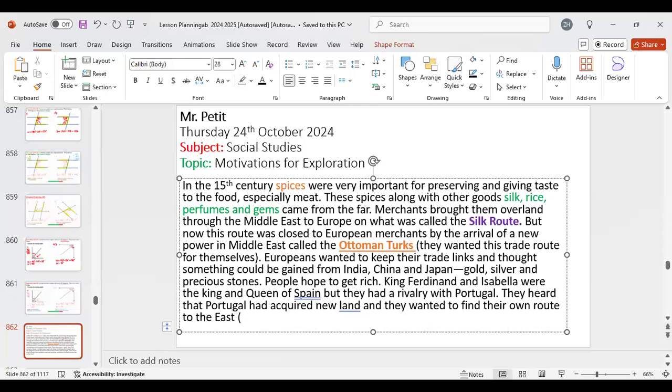One that could be Spanish. And if they found this route, then they could do just like the Ottoman Turks and be like, this is our route. Only our people can use this. All right.